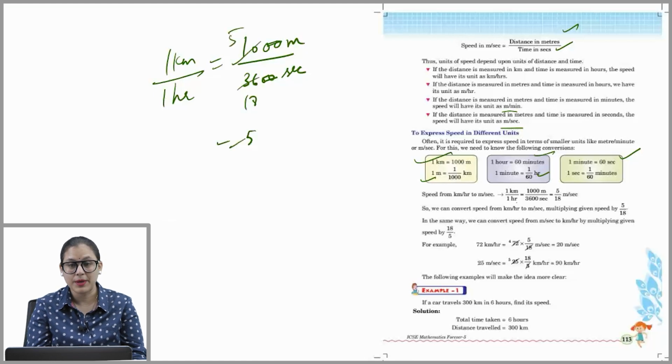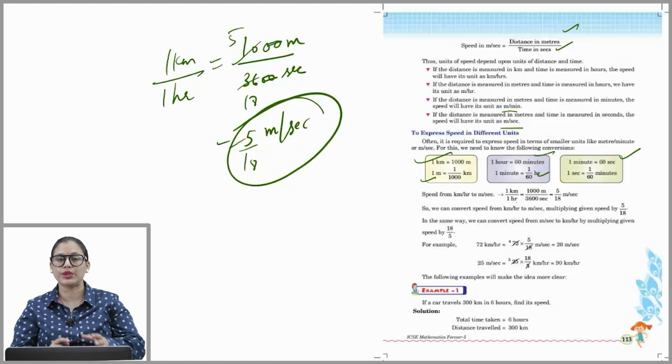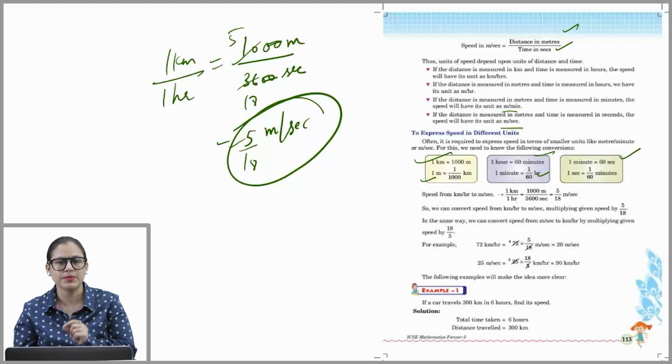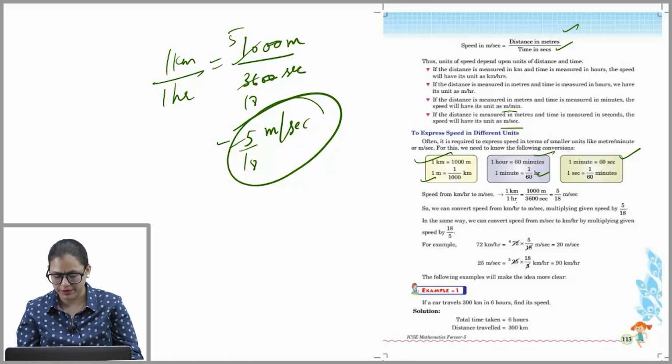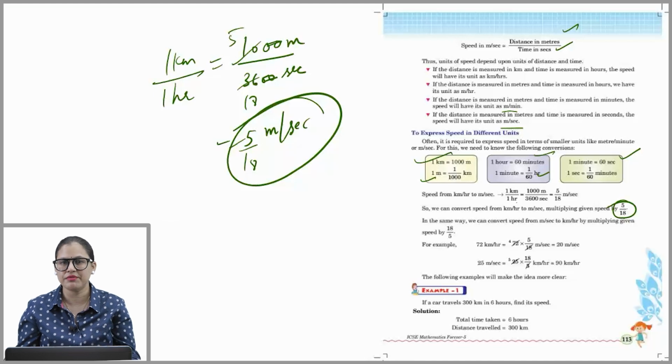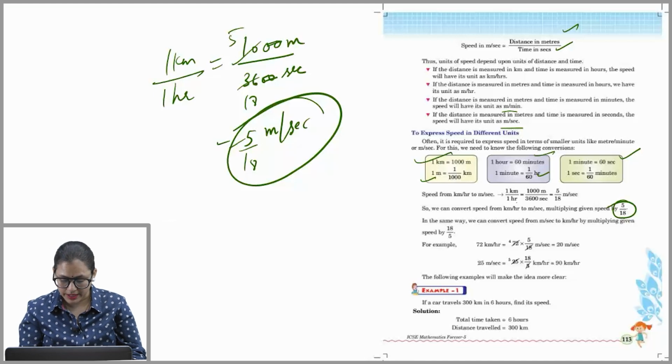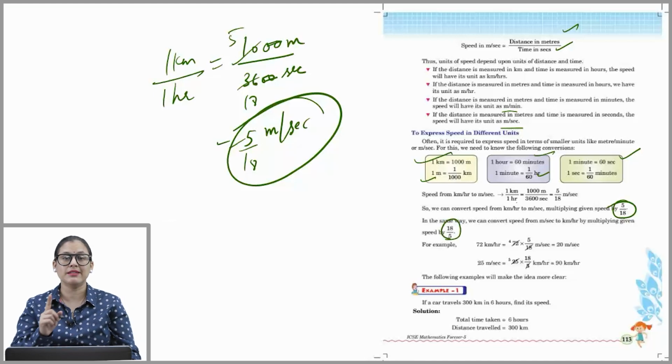So 5 by 18 meter per second. Whenever you are converting a speed from kilometer per hour to meter per second, we can convert by multiplying the given speed by 5 by 18. In the same way we can convert speed from meter per second to kilometer per hour by multiplying the given speed by 18 by 5. So whenever you convert from meter per second to kilometer per hour, you will multiply the given speed by 18 by 5.